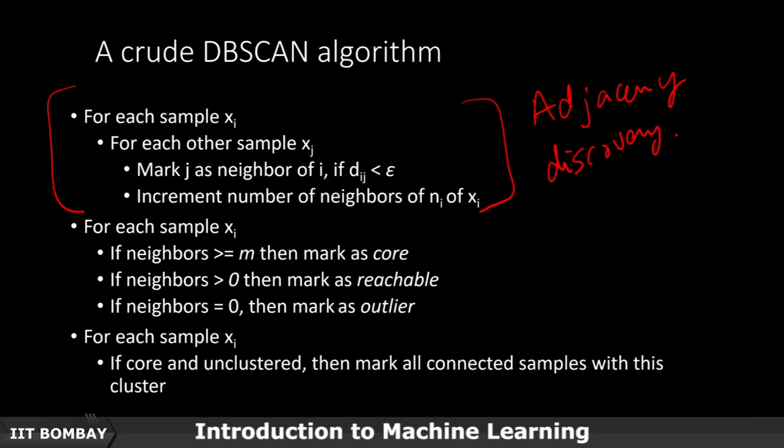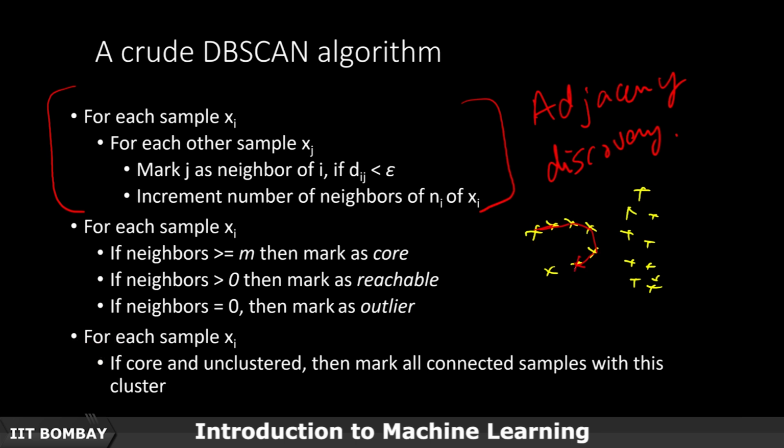So we are trying to form sort of a graph. So basically what we are saying is that if you have points like these, and then you have another set of points that are like this, okay, any point that is within a radius of epsilon of another will share an edge on a graph.